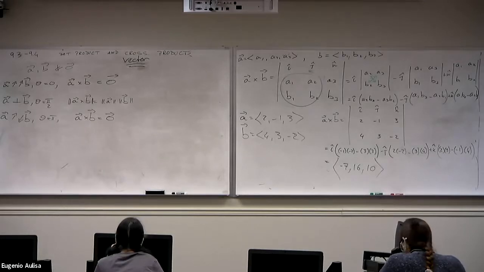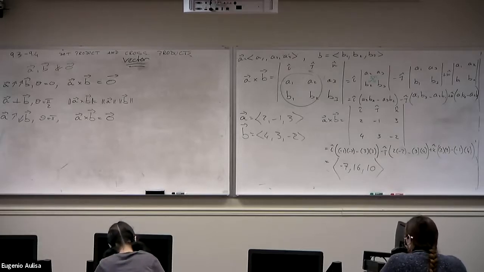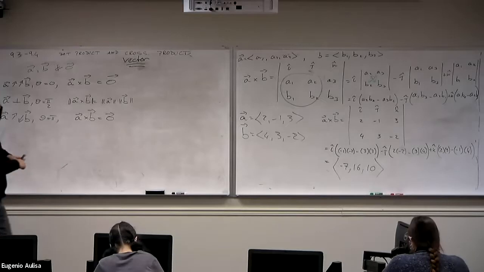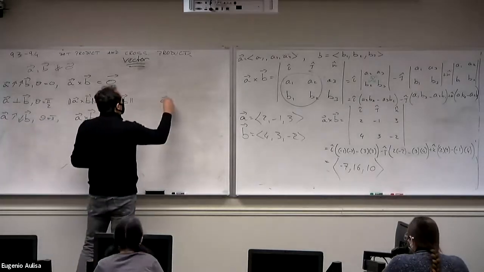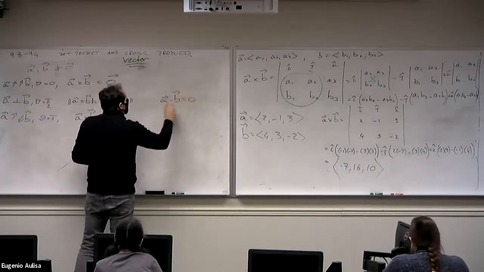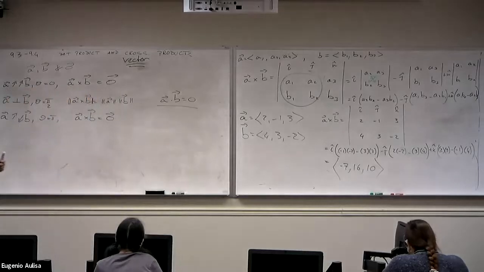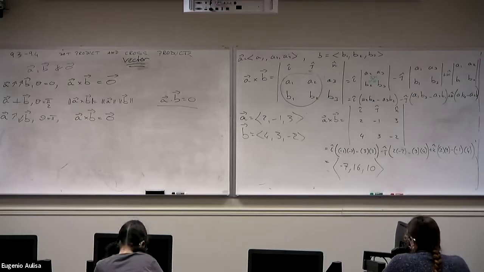Now, these are properties that you can use to check if two vectors are parallel, antiparallel, or orthogonal to each other. However, computationally I prefer this test to see if two vectors are orthogonal to each other. It's much simpler than evaluating the cross product.